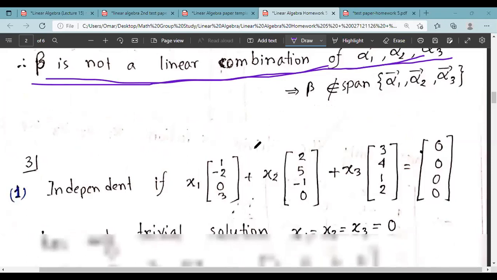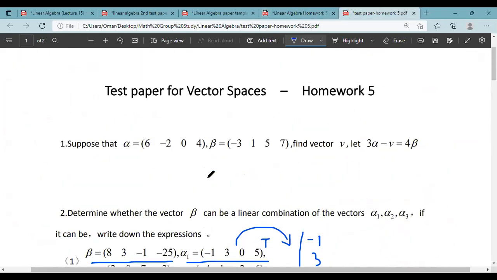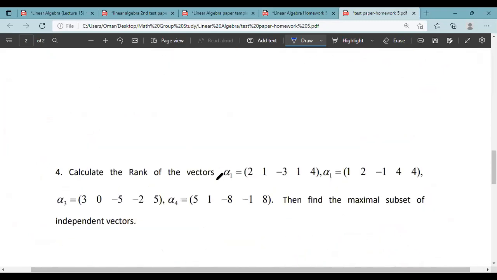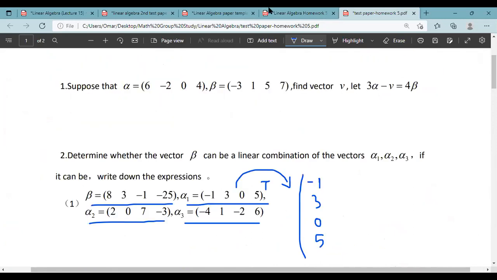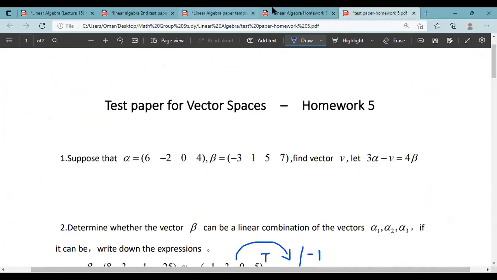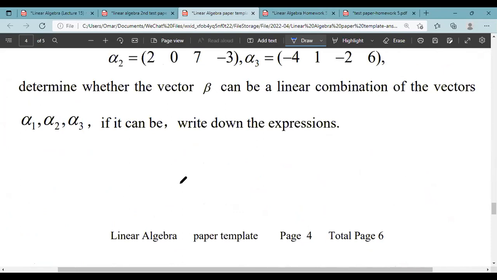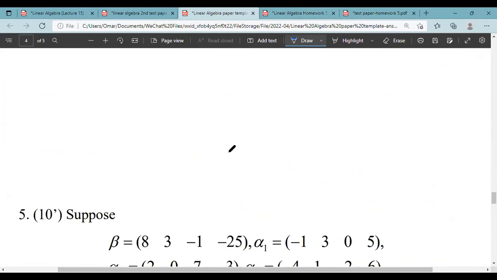The same way we can do this. Let's see if we have another question of the same kind. So for the test paper, we also need to write down the related augmented matrix.